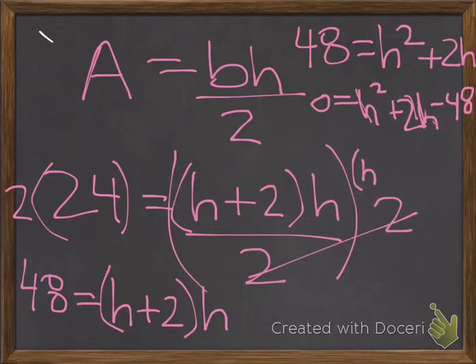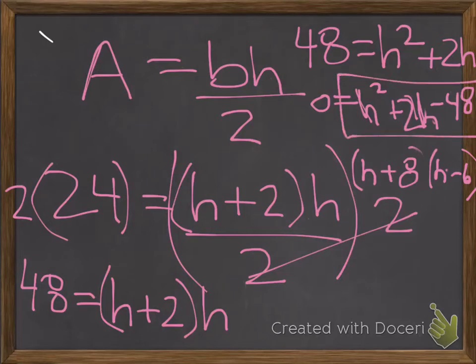So we're going to set it up as h plus 8 and h minus 6. So that way, if we use the FOIL pattern from last year, if you remember, then we would multiply it all out and it would get us back to where we started.